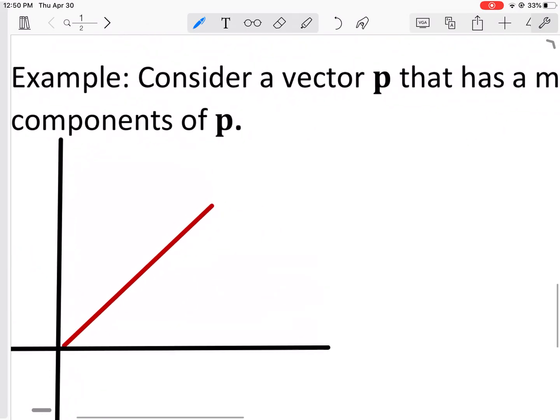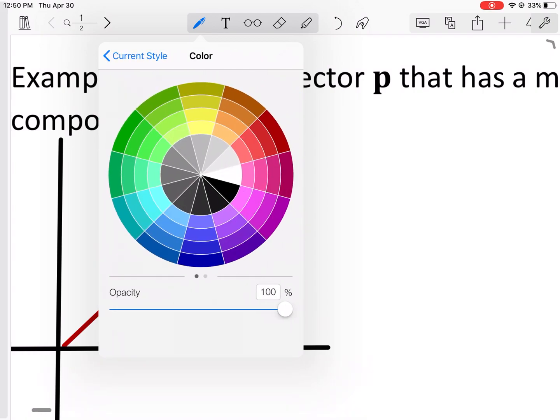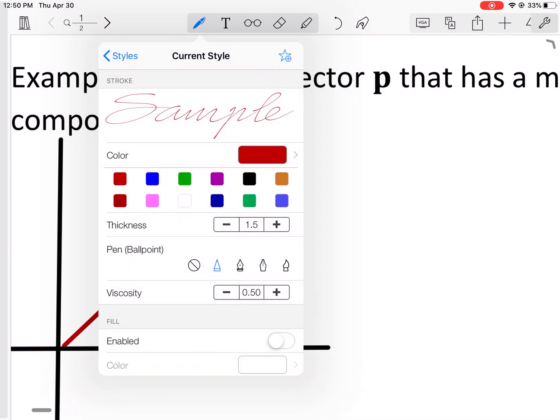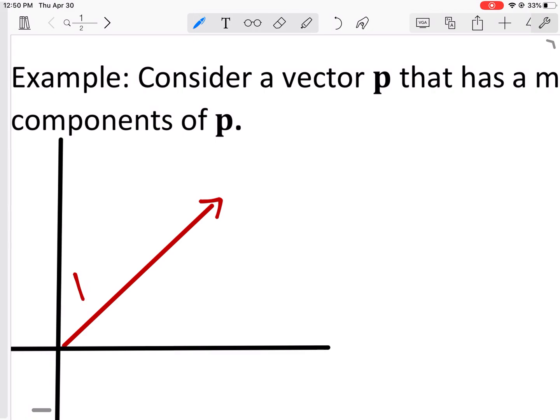And we know this time that the magnitude of this vector, P, is equal to 5. And they told us the direction is just 37 degrees.